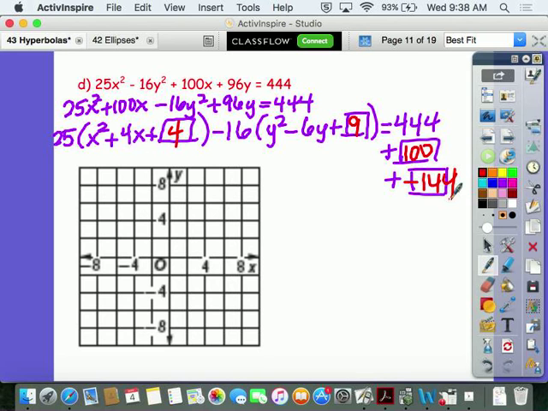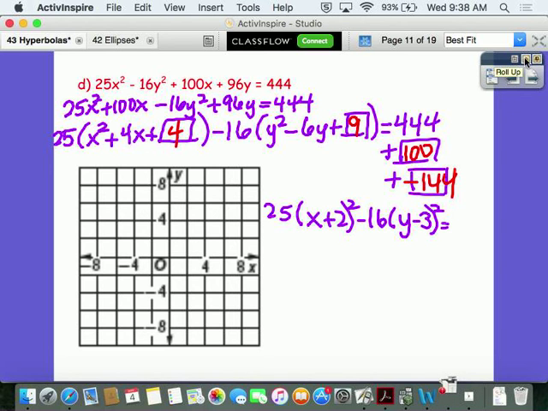And now we are going to factor to get 25 times x plus 2 squared minus 16 times y minus 3 squared equals 444 plus 100 minus 144.